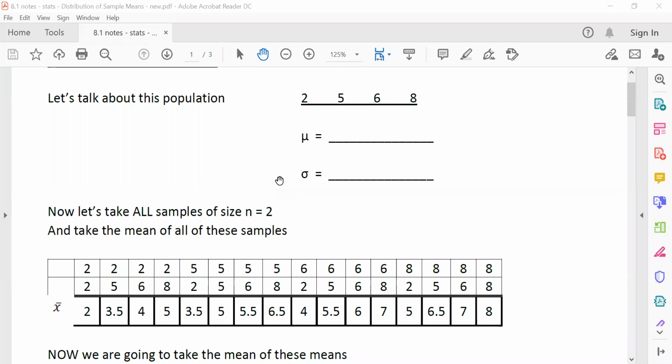I'm going to use some Excel tools, but you can use calculator tools that you might have handy. And we're going to get a mean of 5.25, and a standard deviation of 2.165, for these 4 numbers.